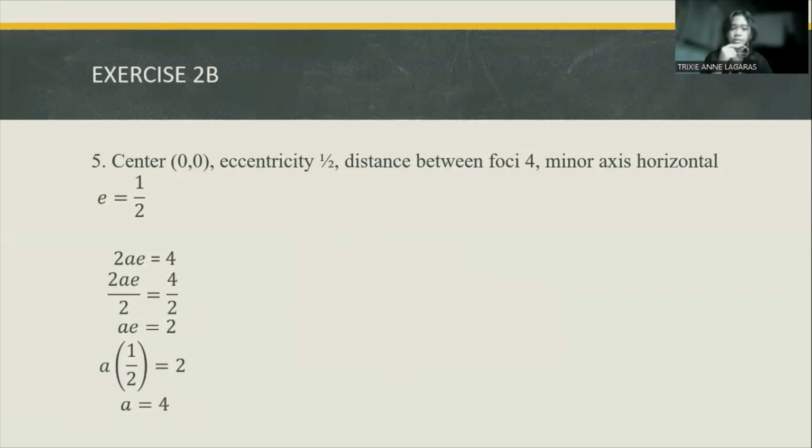So 2ae equals 4. So 2ae divided by 2 equals 4 divided by 2. So cancel na yun sa kabilang side. And then ang magiging sagot na lang ay ae equals 2.